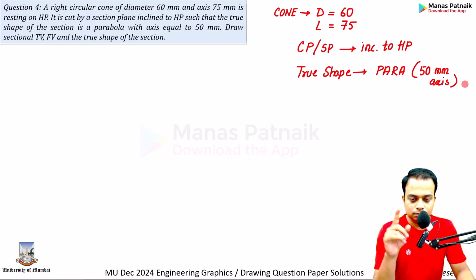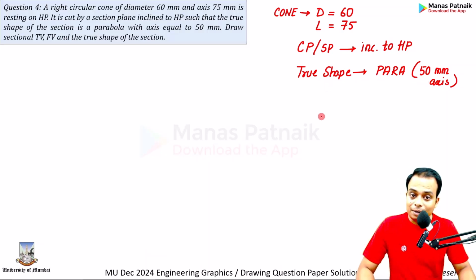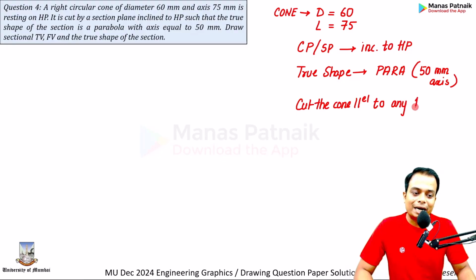How do you do that? Watch this video right till the end. But please remember, if you cut the cone parallel to any one generator, let me write it like this, generator, the conic section that you get is a parabola.